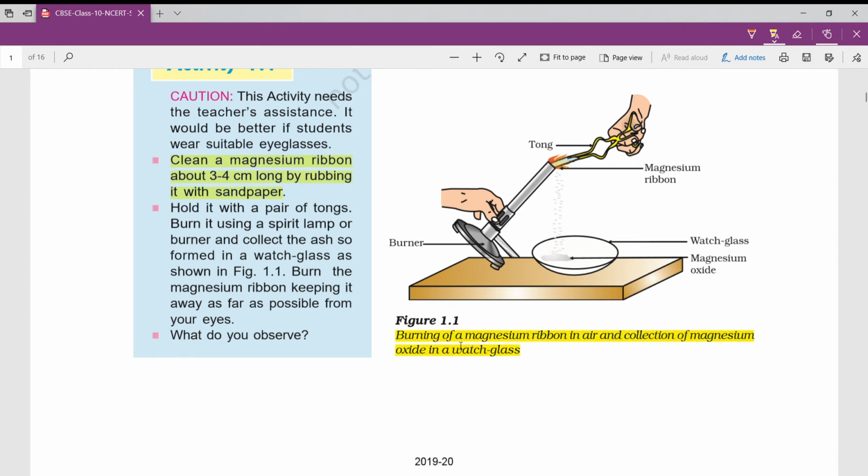Students, you should understand one thing: why they have given a cleaned magnesium ribbon. Because the magnesium ribbon surface may contain other elements, and this may cause some other reactions and you may not get the exact answer, that is, the exact product forming. Hence they have given the cleaned magnesium ribbon.